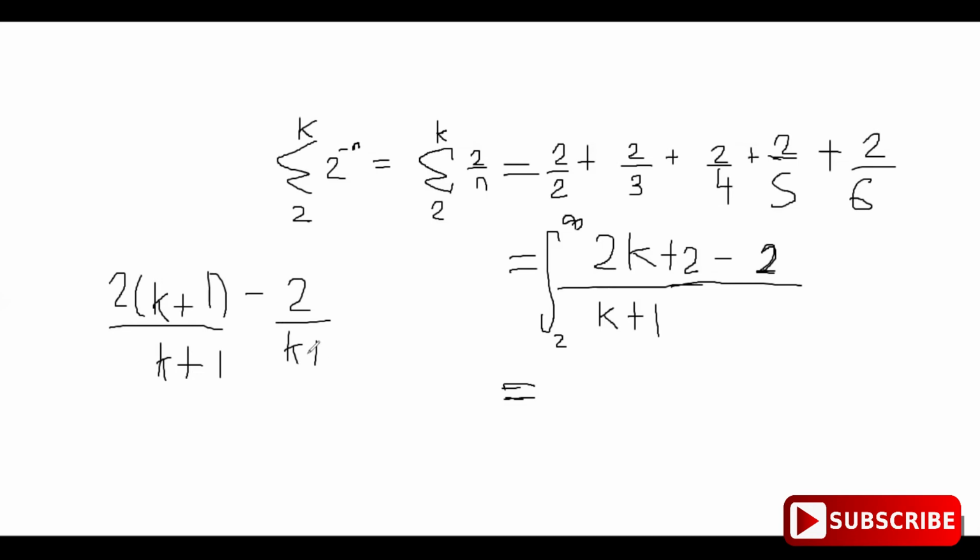Now this k plus 1 cancels this k plus 1. So what you're finding now is the sum of 2 minus 2 over k plus 1.